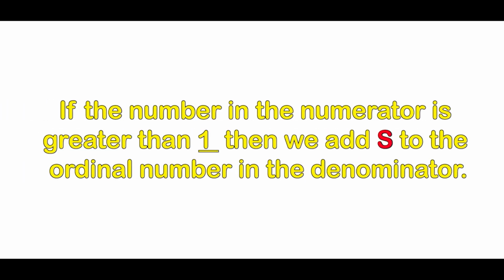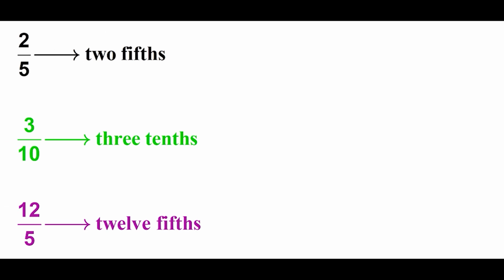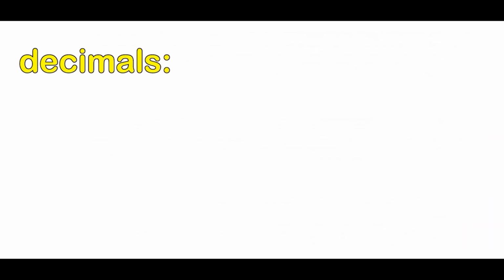If the number in the numerator is greater than 1, then we add s to the ordinal number in the denominator. For example, 2/5, 3/10, 12/5.